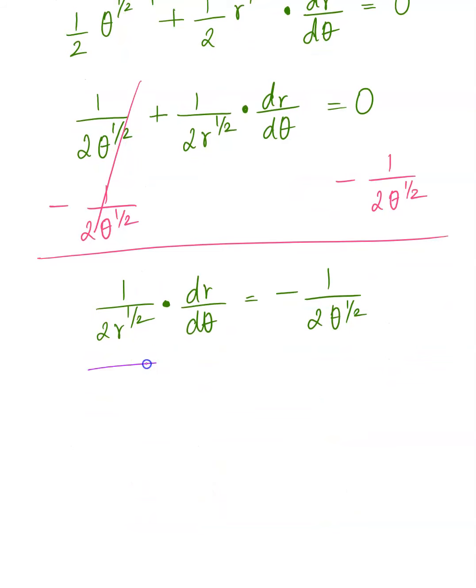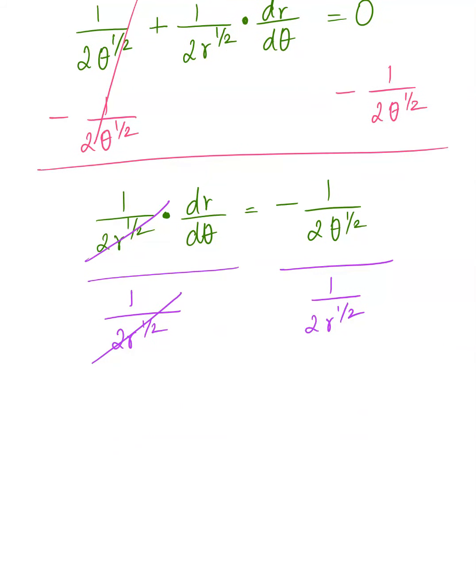Of course, we have to clean up after that, but this means I have to get rid of this 1 over 2r power half on both sides. Remember, you can also think of the whole idea as multiplying both sides by the reciprocal of this, same effect. But I wanted to do it this way for the explicit fact that you're dividing to remove it, and to also show you how we deal with complex fractions. We just did that problem, so that should come in handy now.